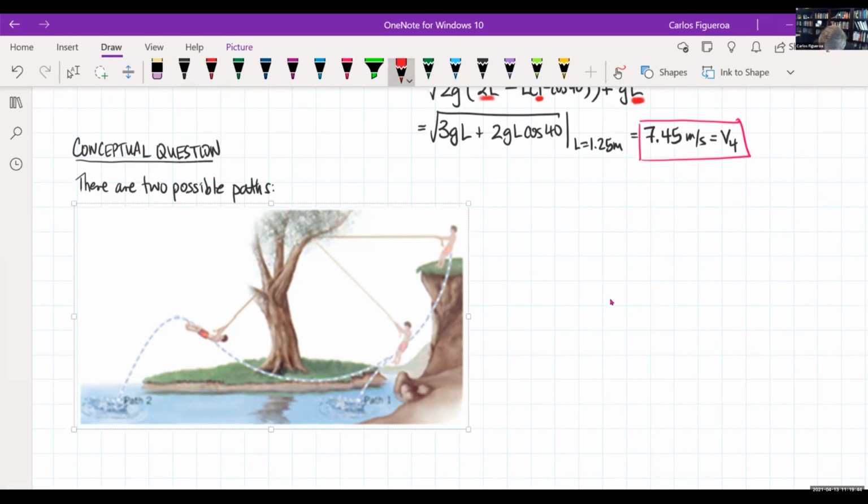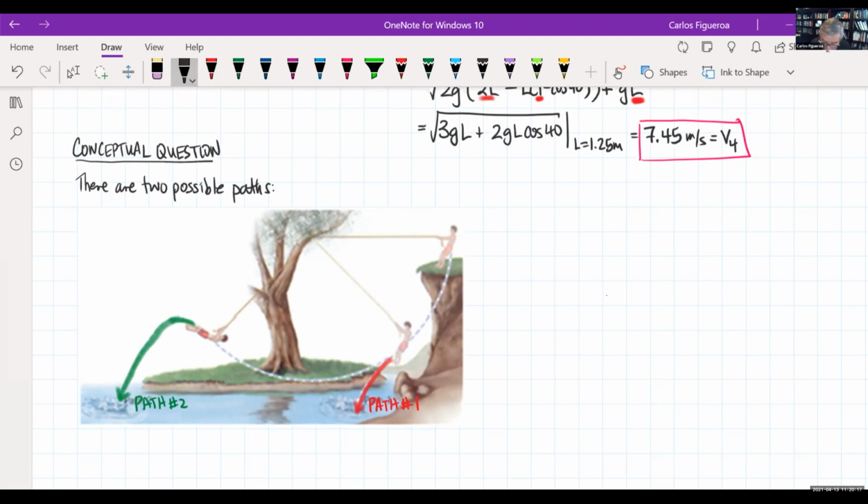So I'm going to say it can follow this path into the water, and we're going to call this path number 1. And then the other way that this person can get into the water is that they follow this other path right here. And I'm going to call this path number 2.